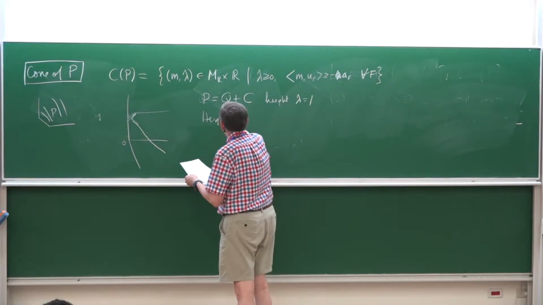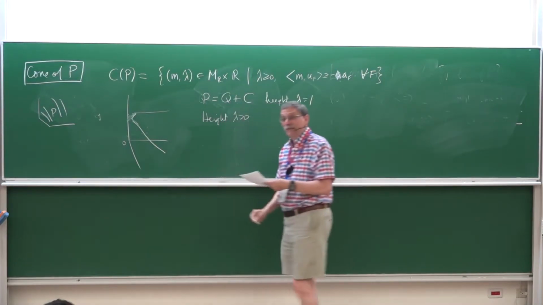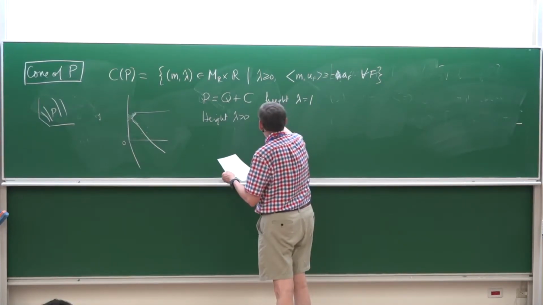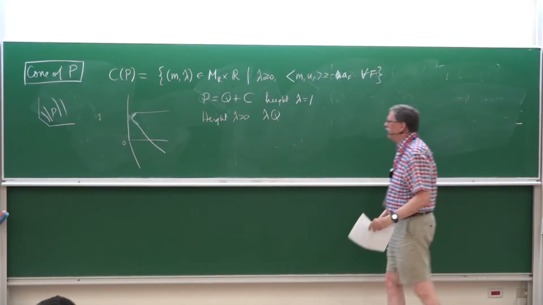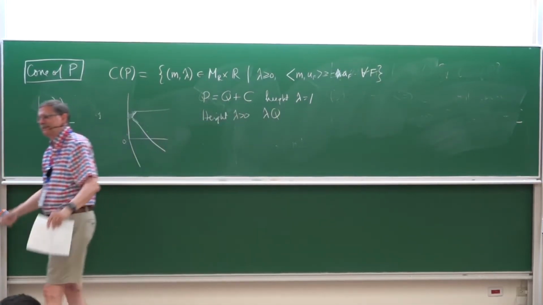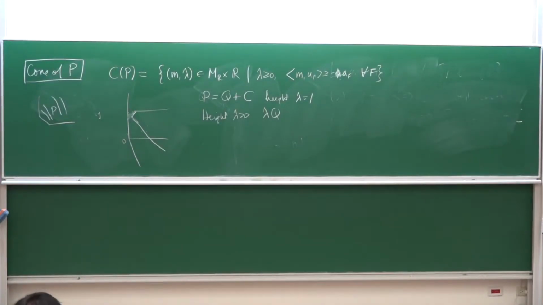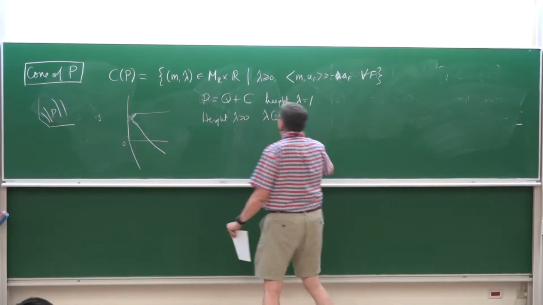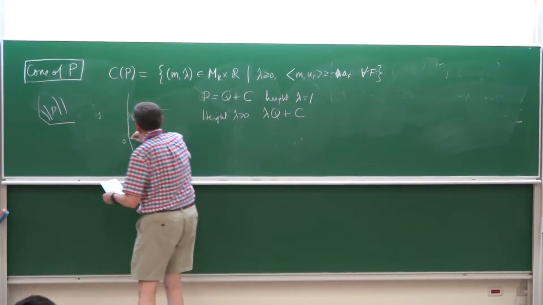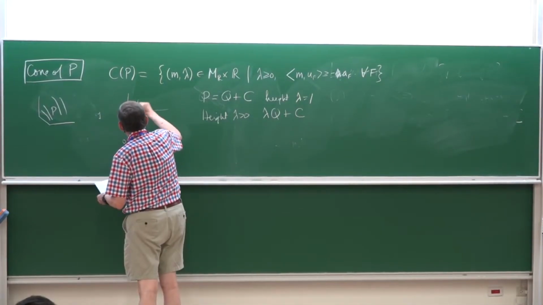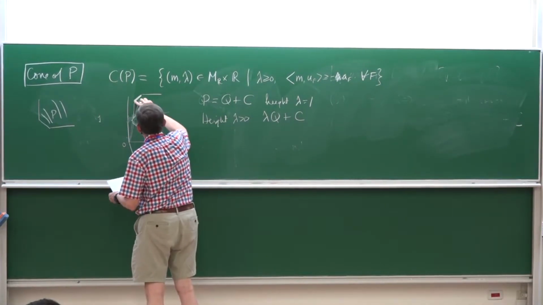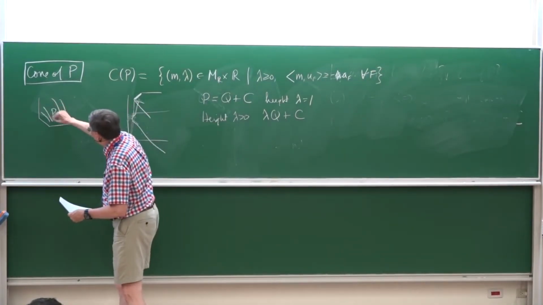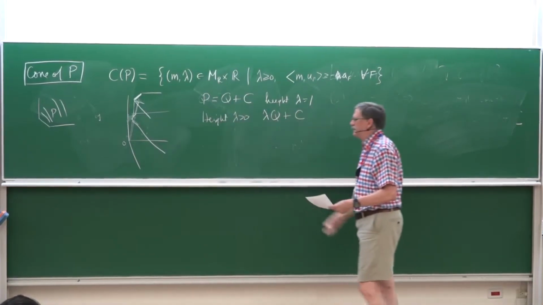At height lambda, positive lambda, I'm rescaling that, so I'm basically making the polytope bigger or smaller. But what happens when I rescale a cone by a positive number? I just get the cone. So the point is that the rescaling has no effect on the cone. So what it would look like is that you get these lines going up, and up here I get a bigger one, so this would be Q, this would be lambda Q. It looks the same, except that I'm chopping off larger and larger corners as lambda gets bigger.